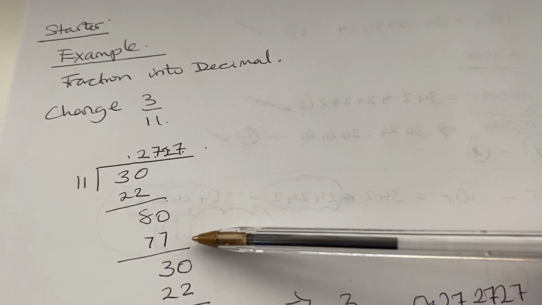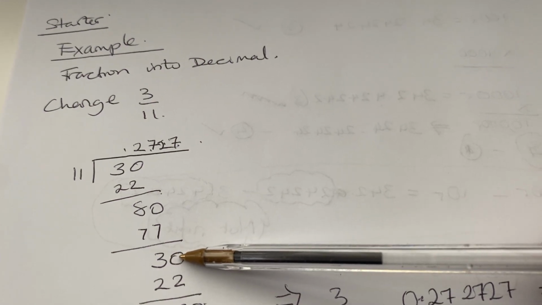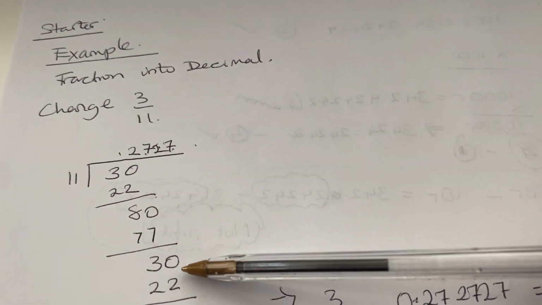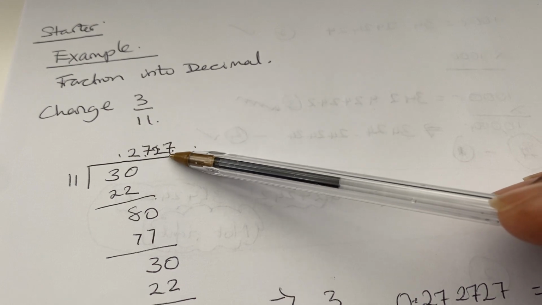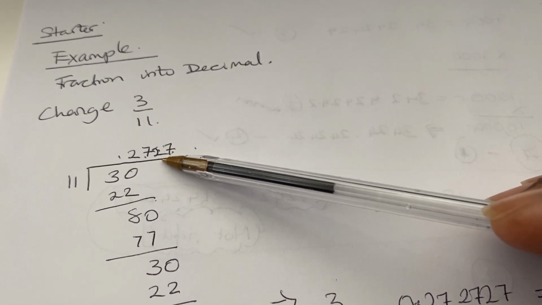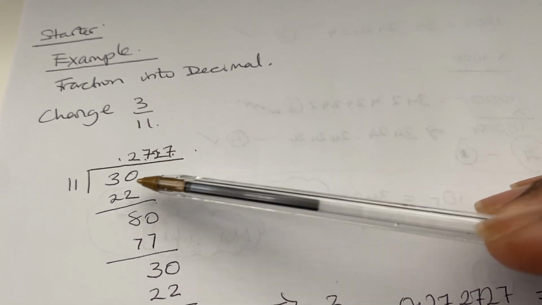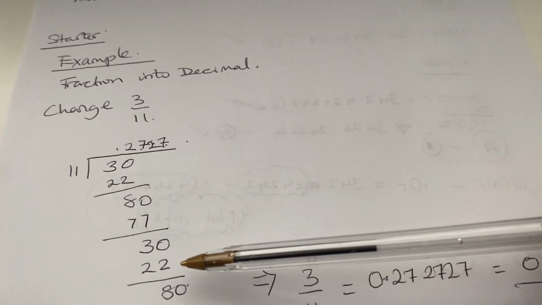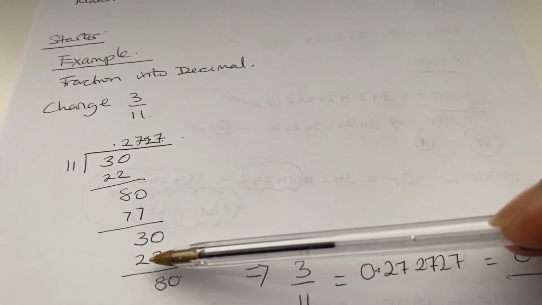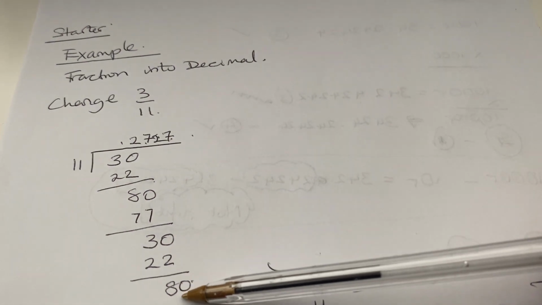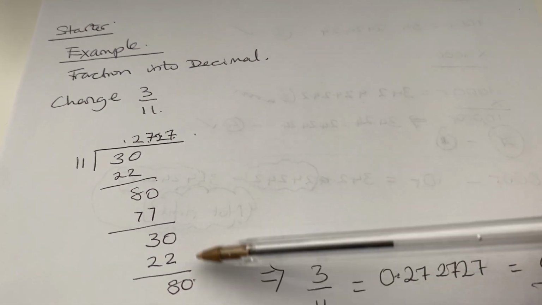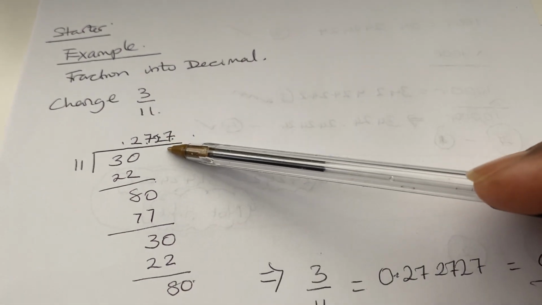Add another 0. You have 30, or 2 of 11s. 2 times 11 is 22. Subtract. You get 8, 0. So now you can see the pattern.